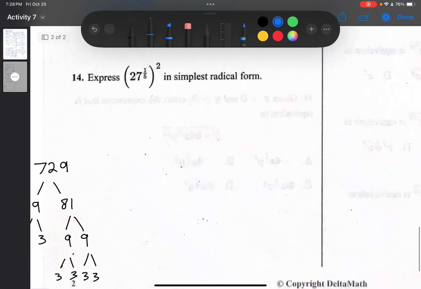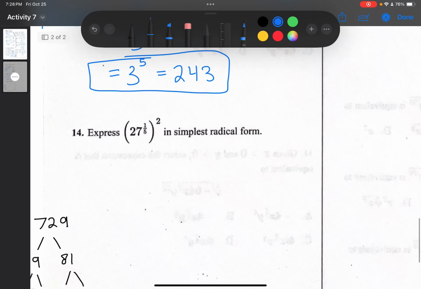Now, number 14 is something interesting. For this one, I would say try to put it into better understandings, if that makes sense. So this can also be, if we remember our properties that we've been learning, the same thing, right?